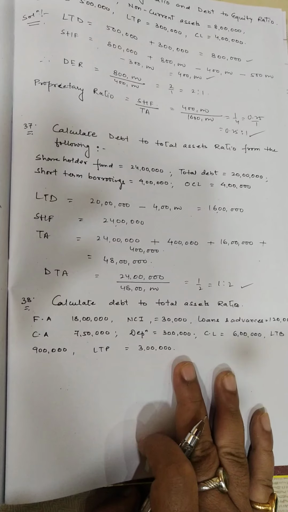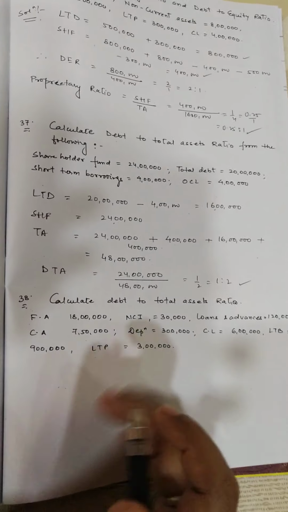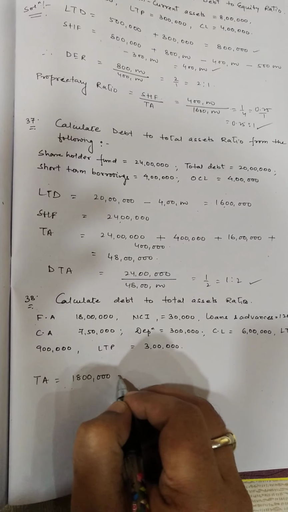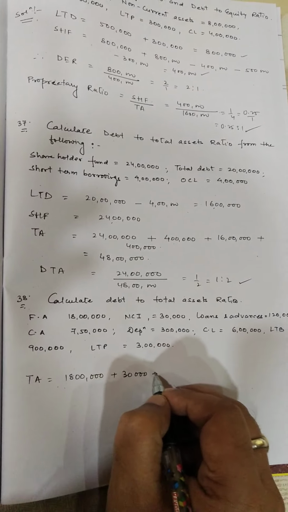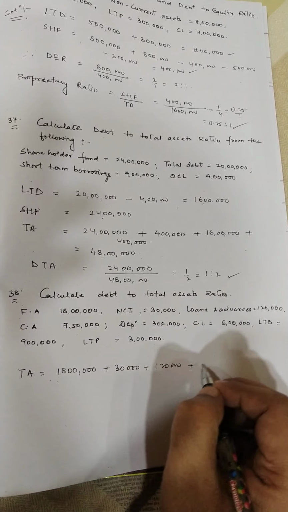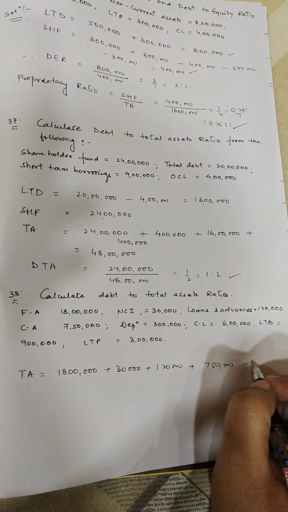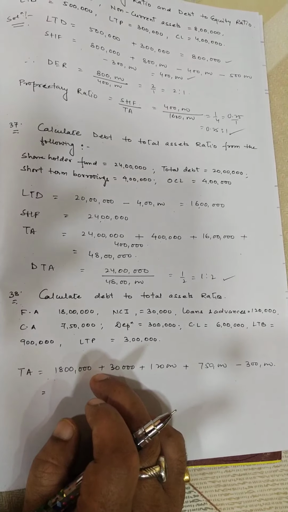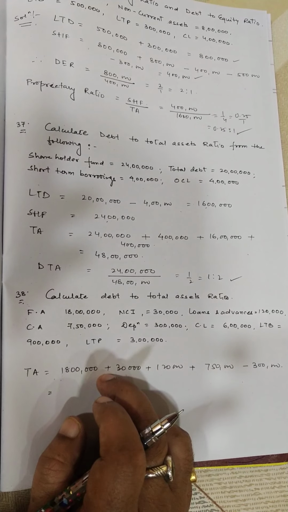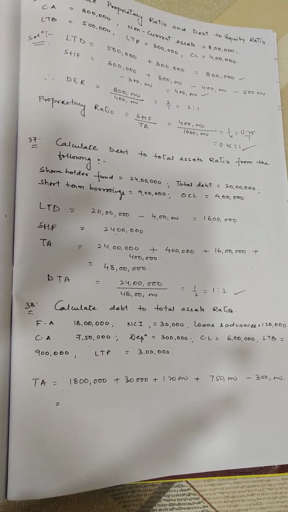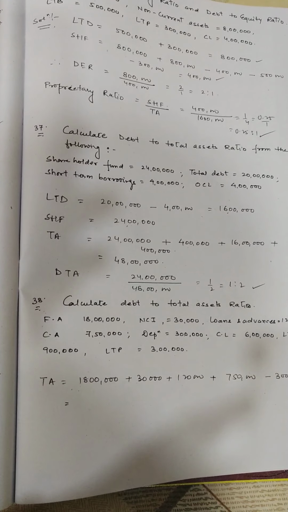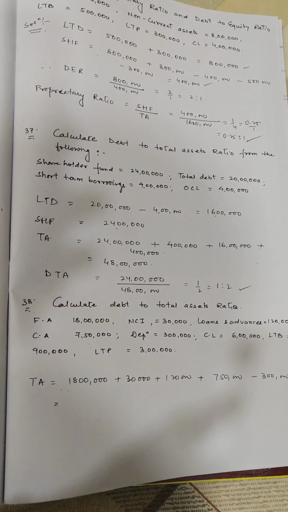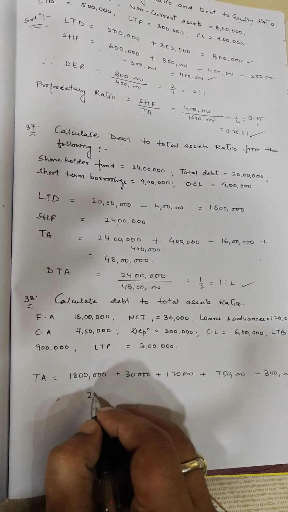Again, debt to total assets. For total assets, we can write fixed asset plus investments plus advances, current assets, and minus depreciation. So 15 lakh, 18 minus 3, that is 15, and the total is 24 lakh.